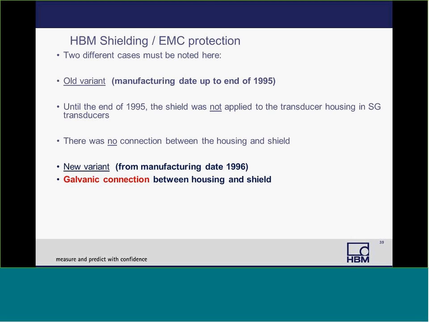They required interference immunity of 10 volts per meter, and the only way that can be realized is with a shielding concept based on the Faraday cage. Therefore, any HBM load cells after 96 will have the shield connected to the sensor housing. I'm not sure what other manufacturers are doing, but if you use HBM load cells, just make note of that.